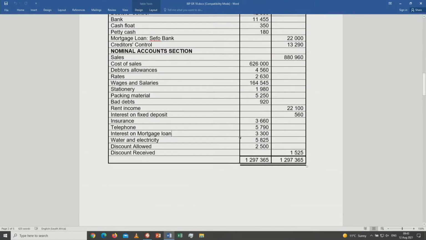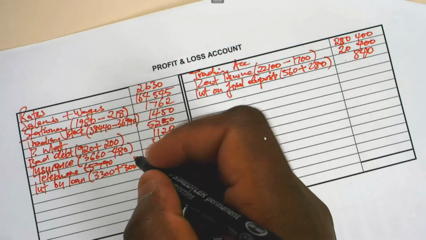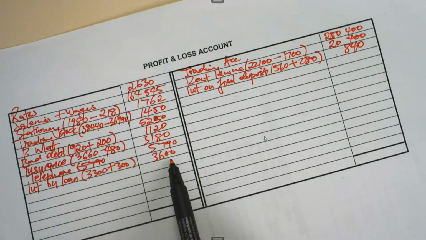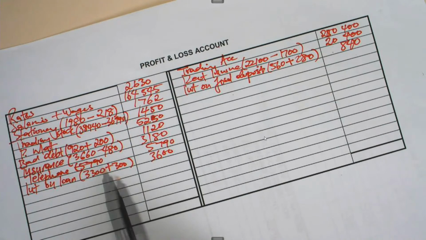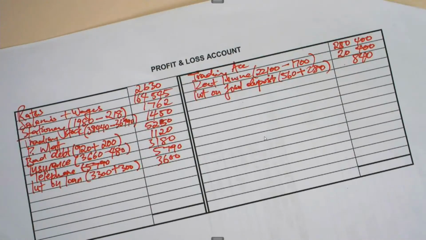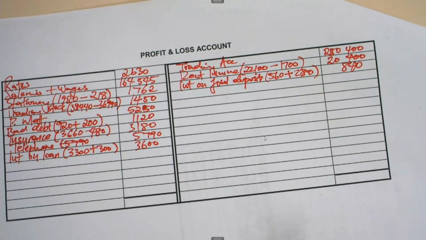It's only showing 3,300. It means now we still have to pay the difference between the 3,300 and 3,600. This is accrued expense. Hence we added the 300 rand. Right.